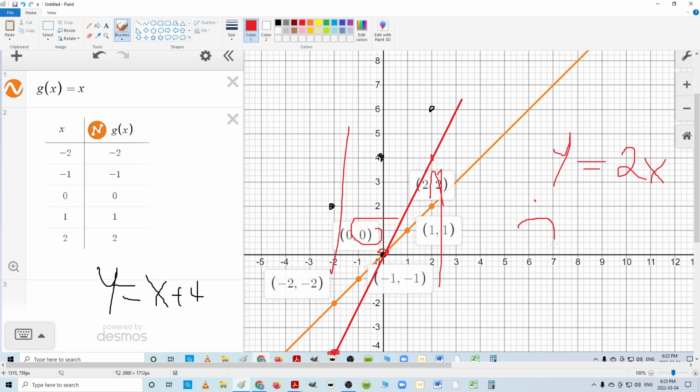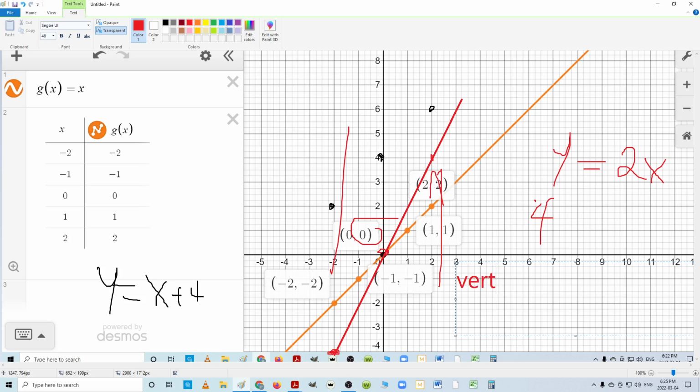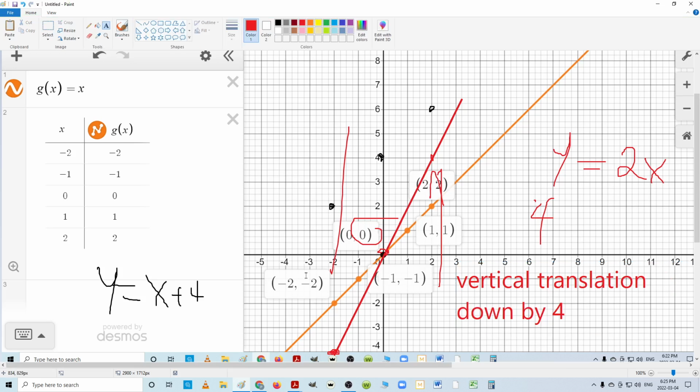By the way, an upward translation of 4, or whatever we did, is called a vertical translation up by 4. If it had been -4, it would be down by 4. It's called a stretch when the number is above 1.